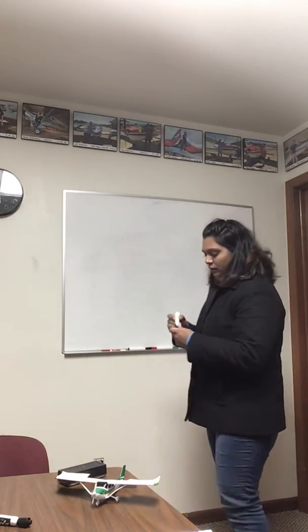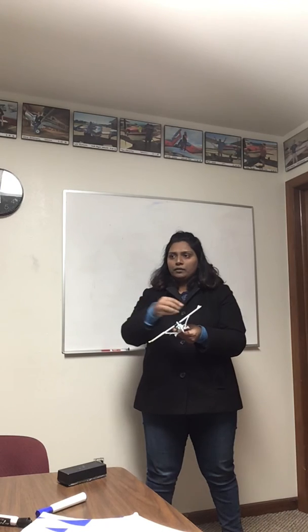This is the simplest I would teach to the student, but if the examiner wants to ask some more, then I will show, because it has a dihedral and one wing is dropped down. If the wing is dropped down, this one is making lift this way, and that will push the airplane sideways.